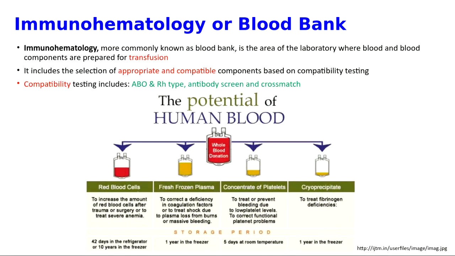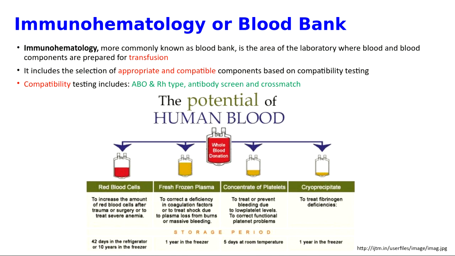If the patient has the D antigen, then they are Rh positive. If a patient does not have the Rh D antigen, then they are Rh negative. And we're going to be looking for unexpected antibodies to some of the most common antigens that can be naturally present on the membrane of the red blood cells.